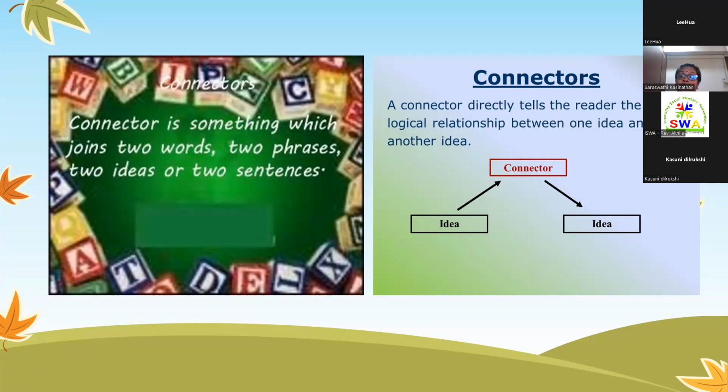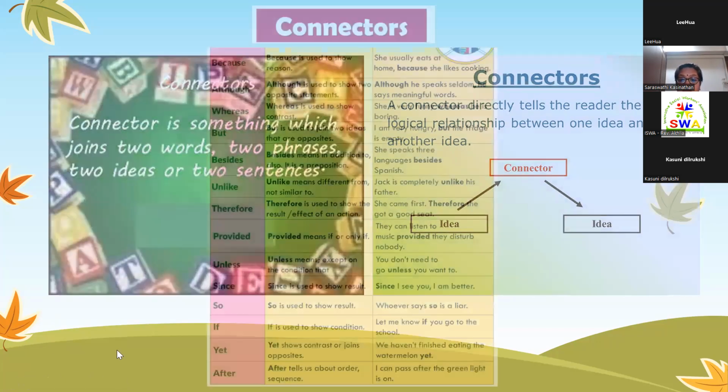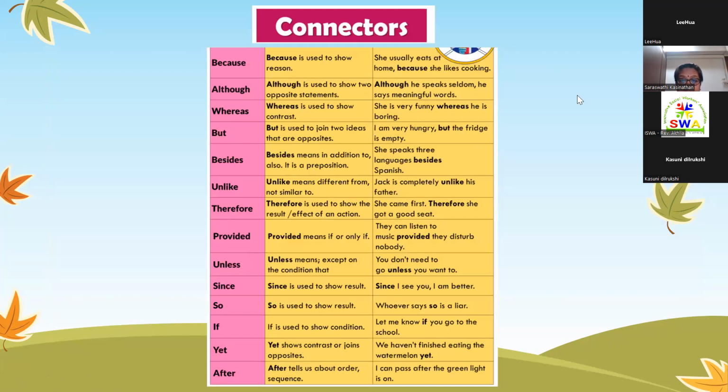However, if you have two different things to say in the same sentence, a connector is necessary for the listener or reader to understand there are two different ideas. Let's look at some of the connectors that we normally see in our sentences or stories as we read or even as we speak.